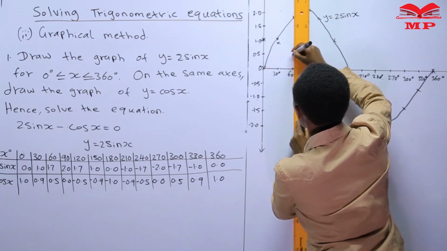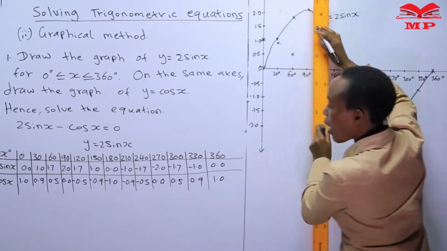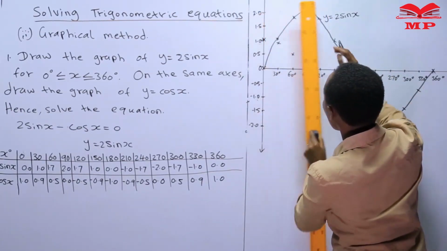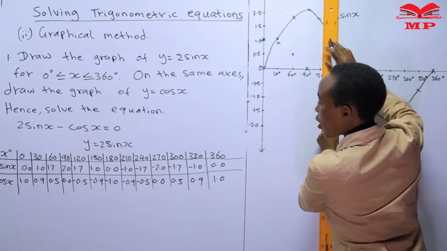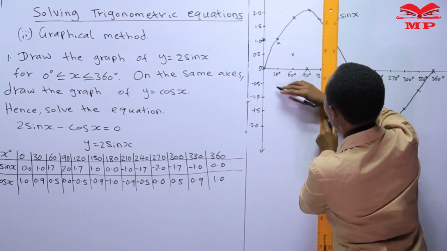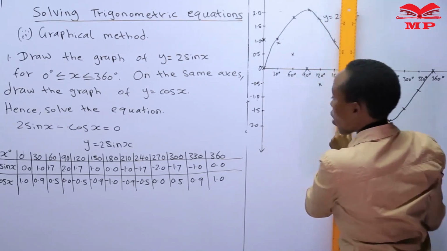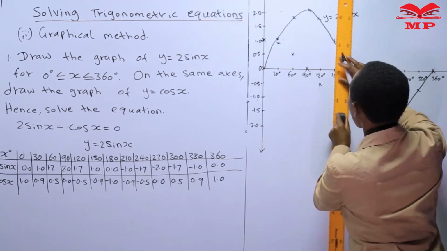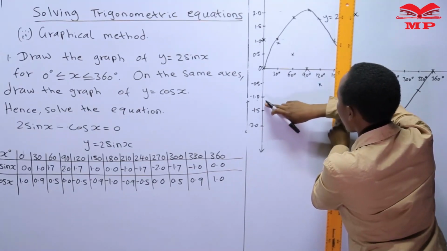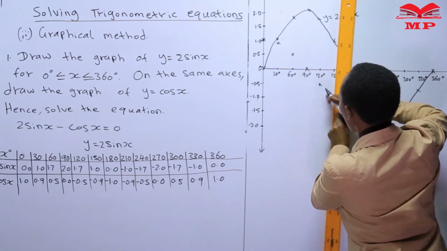We have 0.5. 90, we have 0. 120, we have -0.5, which is somewhere here. Then 150, -0.9, which is somewhere here.